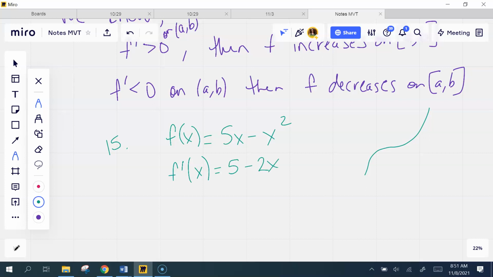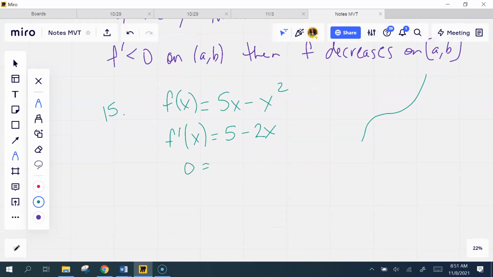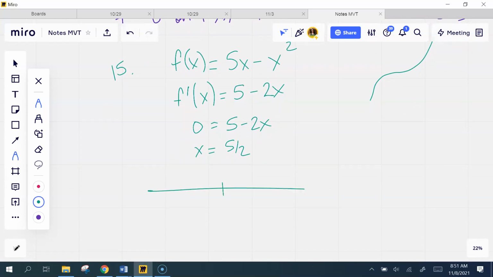This one did not have an interval, so it's unbounded. Okay? So my intervals are going to include infinity here as I named them. So I set this equal to 0, and I solve. Subtract 5, divide by -2. I end up with x equals what? 5/2. So I'm going to do my sign chart. Here's 5/2.